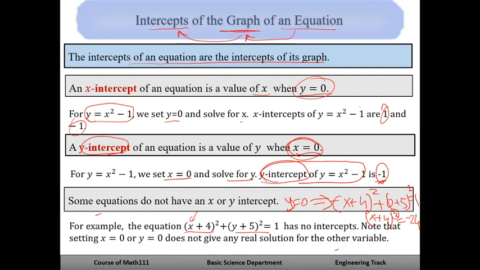As you see, it's a square and it's negative, so there is no real root. You can solve the equation, but you will get complex roots. So no real root means no x-intercept here. With this example, we see that sometimes equations have no x- and no y-intercept.